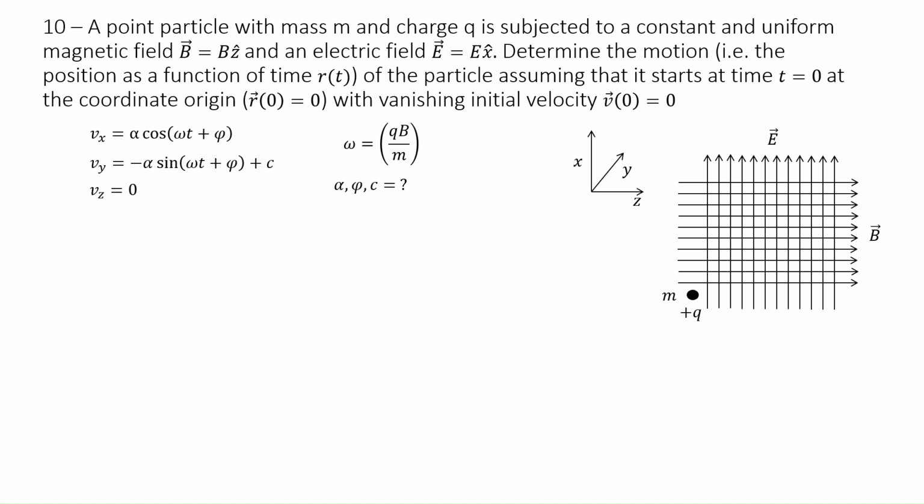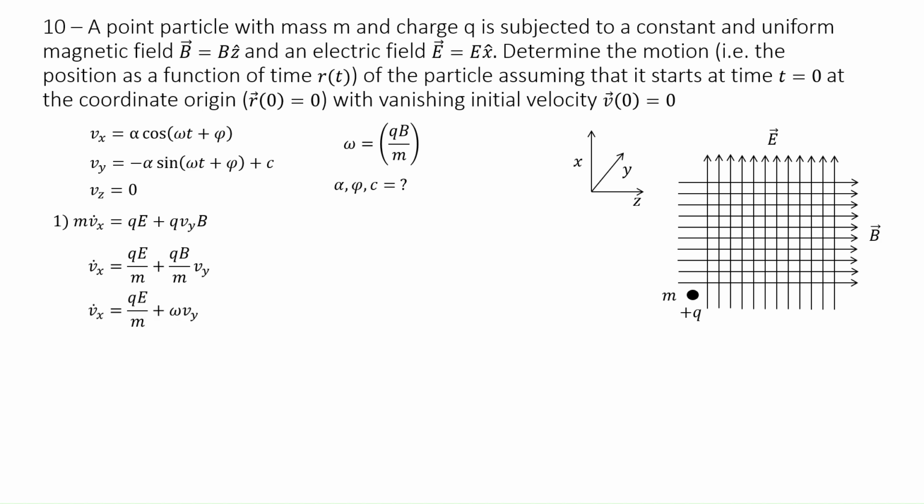We can find some of these by looking at our first equation from earlier. If we manipulate this, we can get an expression for v dot x. First we divide m through the equation. We notice that in front of the vy, we have qB over m, which is exactly the same as omega, so we can put omega in.